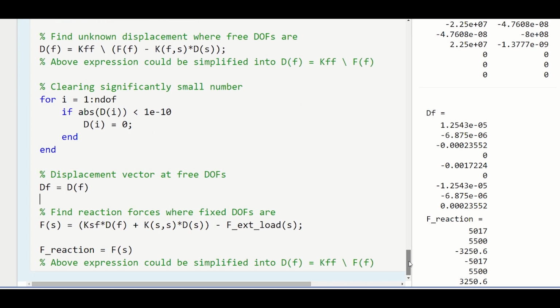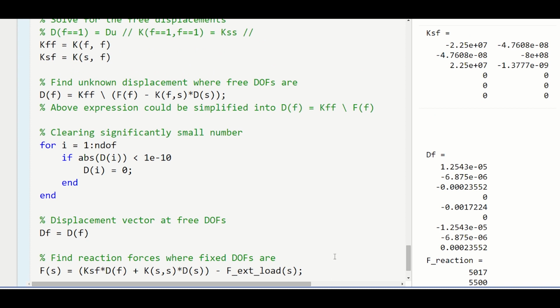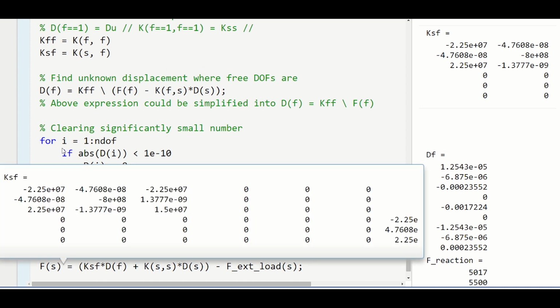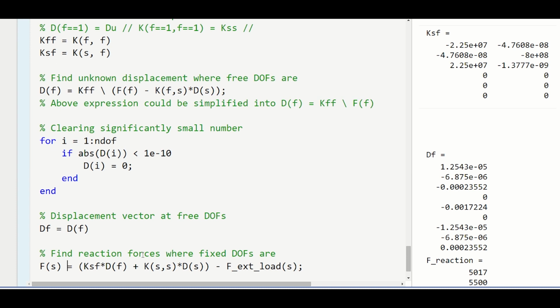And now we can find the reaction forces for the fixed degrees of freedom. So F specified, the fixed degrees of freedom, equals KSF, which we actually calculated there, plus KSS times DS, but this thing is going to be 0, right?